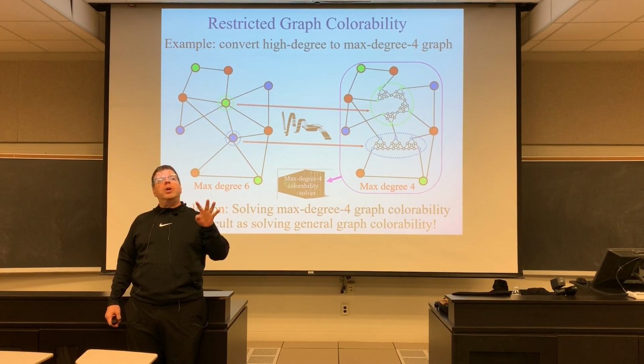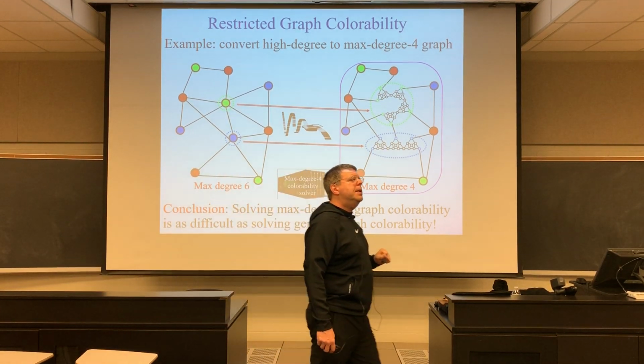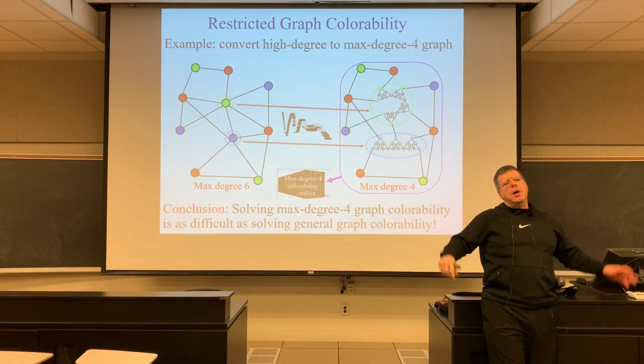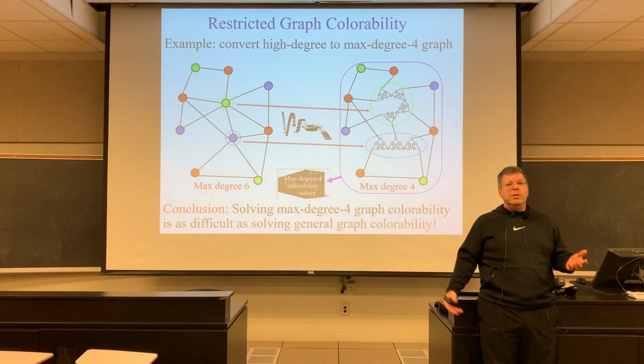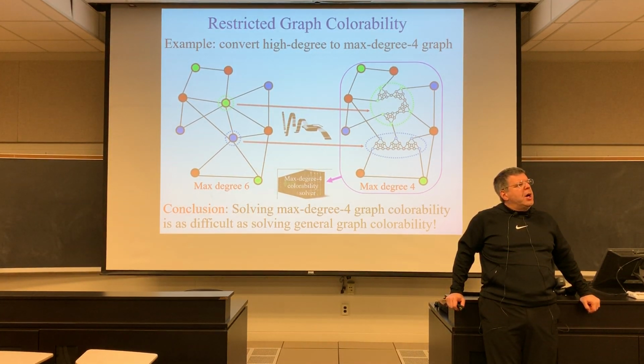What about 4-colorability of max degree 4 graphs? Is that NP-complete? How many say, yeah, that's NP-complete too? How many say, no, that's easy? Well, nobody's having an opinion. It must be a good question if nobody can say yes or no. Short answer is it's also NP-complete. If you keep increasing the degree, it gets harder, not easier.